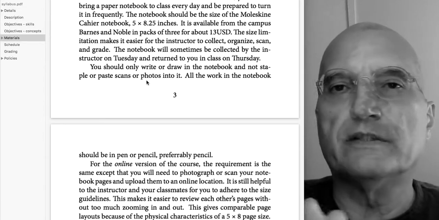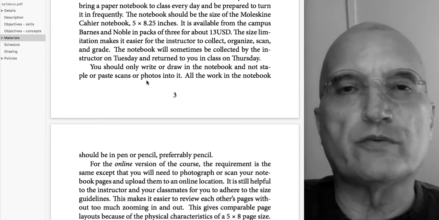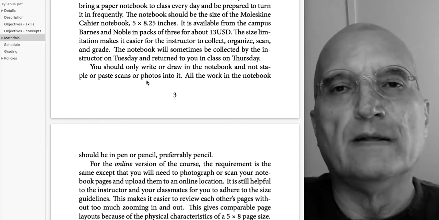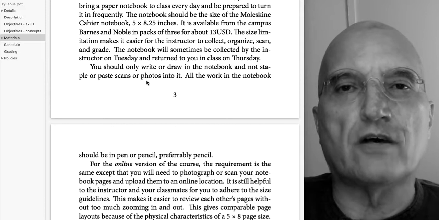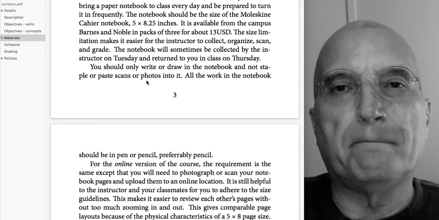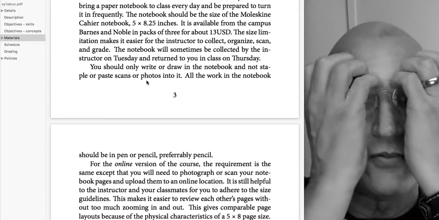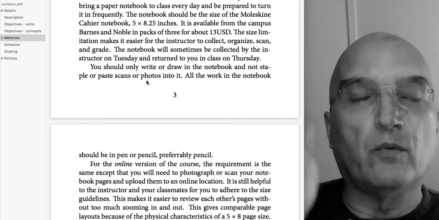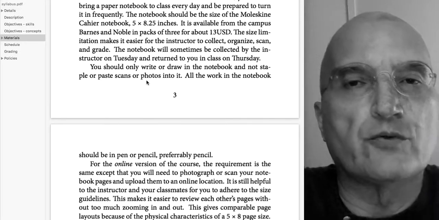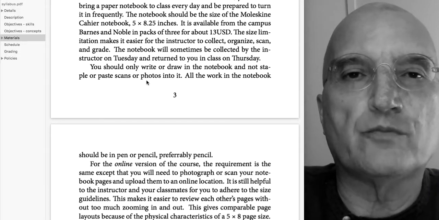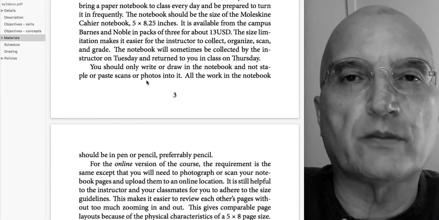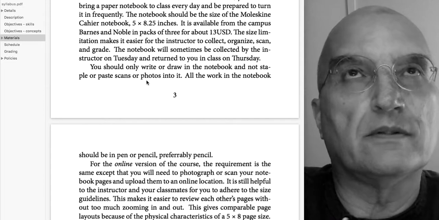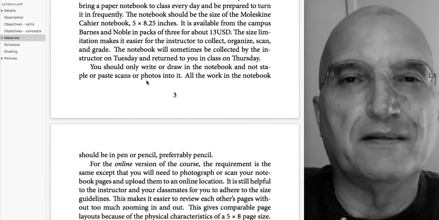And absolutely don't do what I had this one student who wanted to web surf and then take screen captures of things that he saw that he liked and paste those into his sketchbook. That's just completely not what I'm asking you to do. And there's a reason for this. Students who have taken this course in the past occasionally write to me and tell me all their opinions about a lot of things.